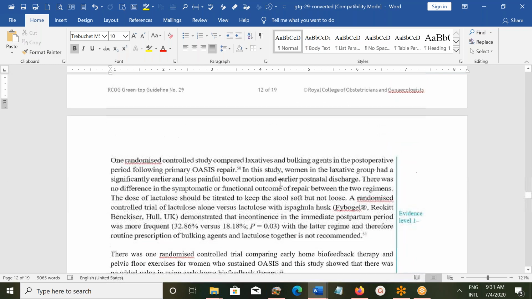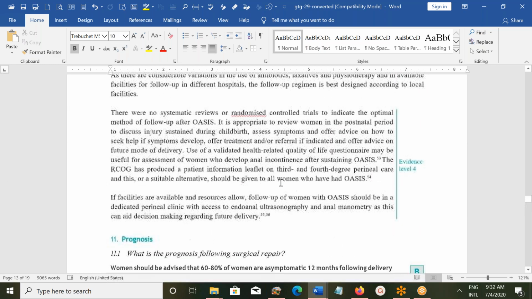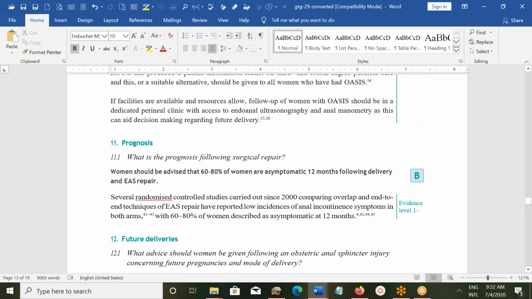Why? Because if you try to repair it yourself, and God forbid the surgery goes wrong, then your patient will have to have a colostomy and wait another 3 months until all of this granulation tissue forms. Only then can she go for another repair. So time is of the essence, and the quality of life of young women will be ruined.